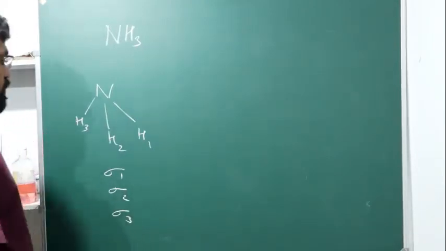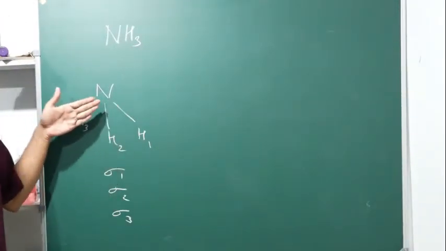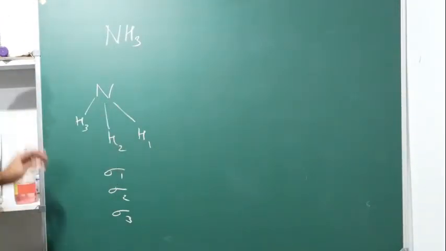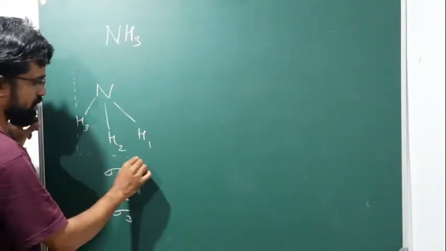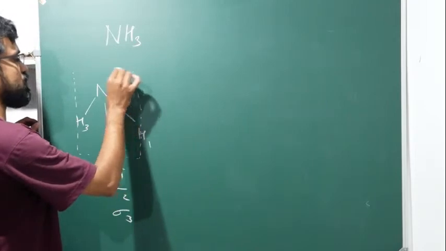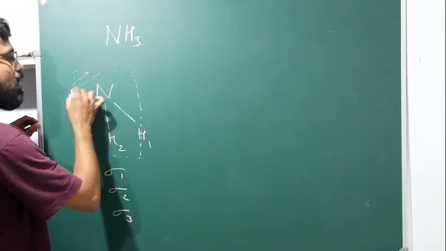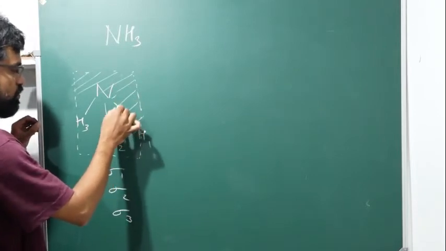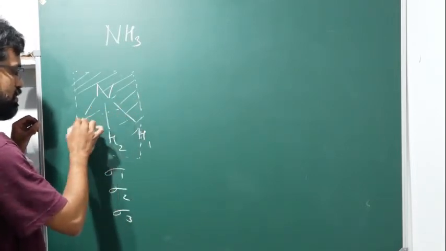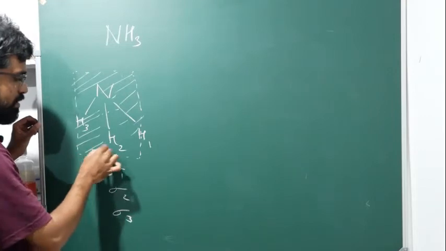Okay, when it passes through H1, you have to draw your sigma v's also. This is the sigma v. How beautifully you draw it is up to you. It is like this.